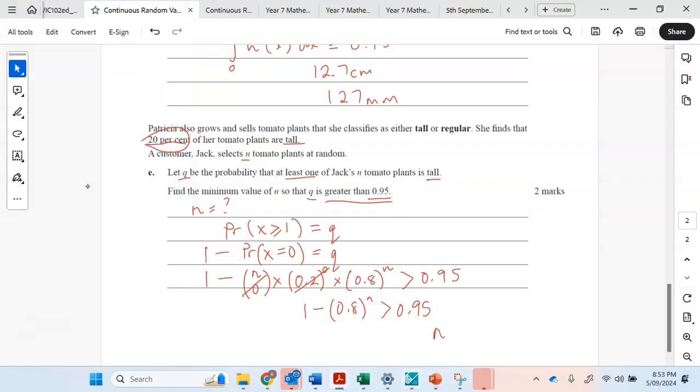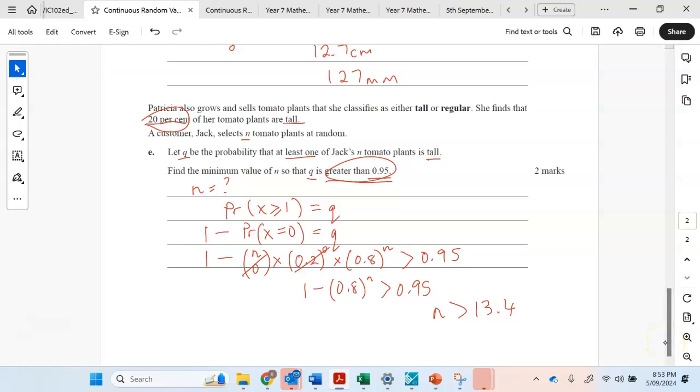Make sure you write n is greater than 13.4. If I round that down to 13, we're not going to get greater than 0.95, so I need to go one more. I can't leave it as an inequality, so the minimum value of n is 14. We just leave it like that.